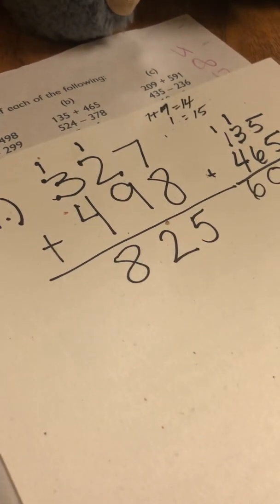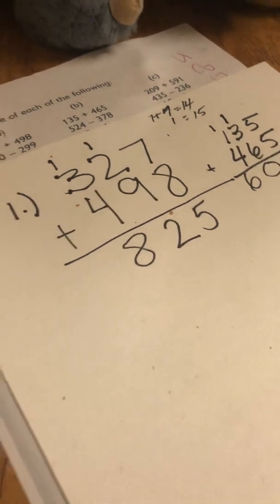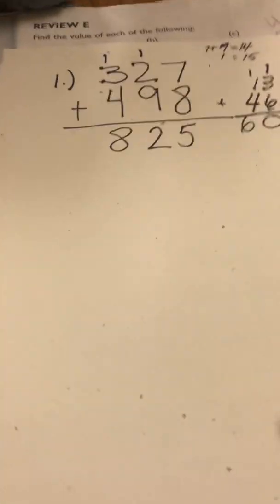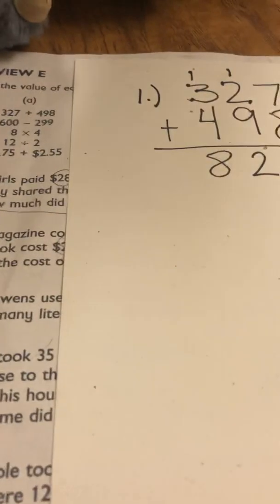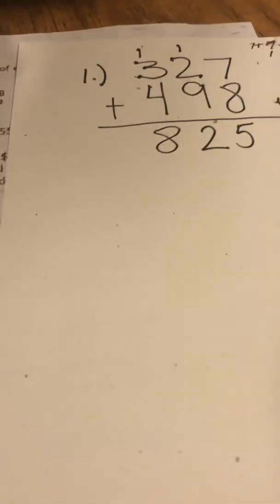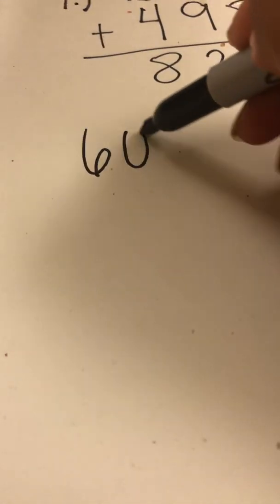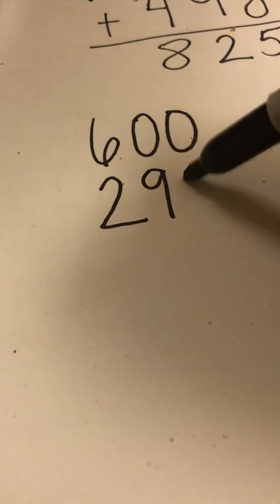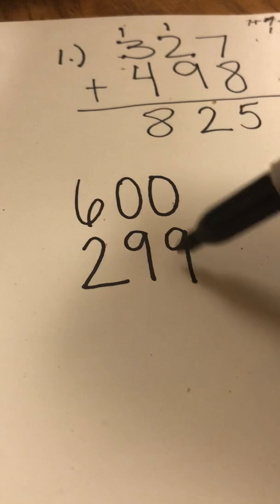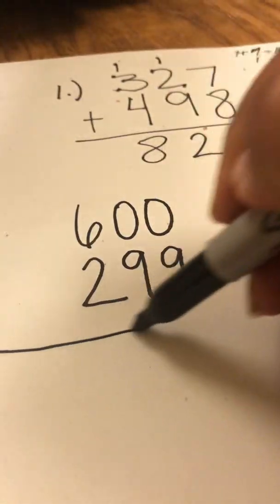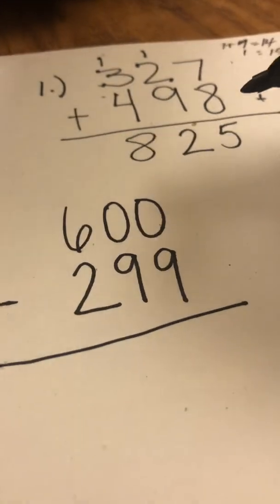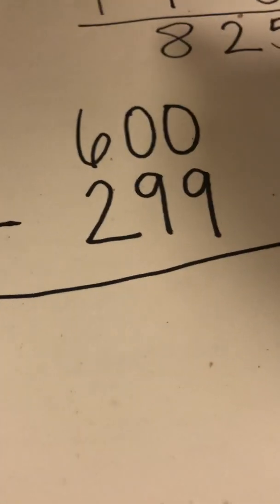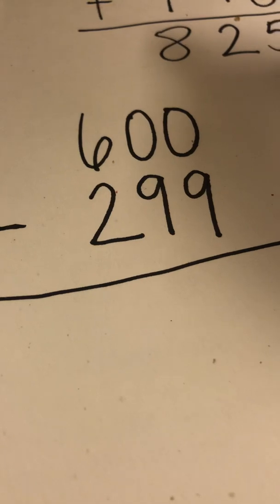Now let's move on to the subtraction problems. Okay, now these get a little tricky because sometimes when we do not lay out our problem in the ones place, in the tens place, in the hundreds place, if we don't do that, then we've already confused ourselves and we are already setting ourselves up for mistakes.